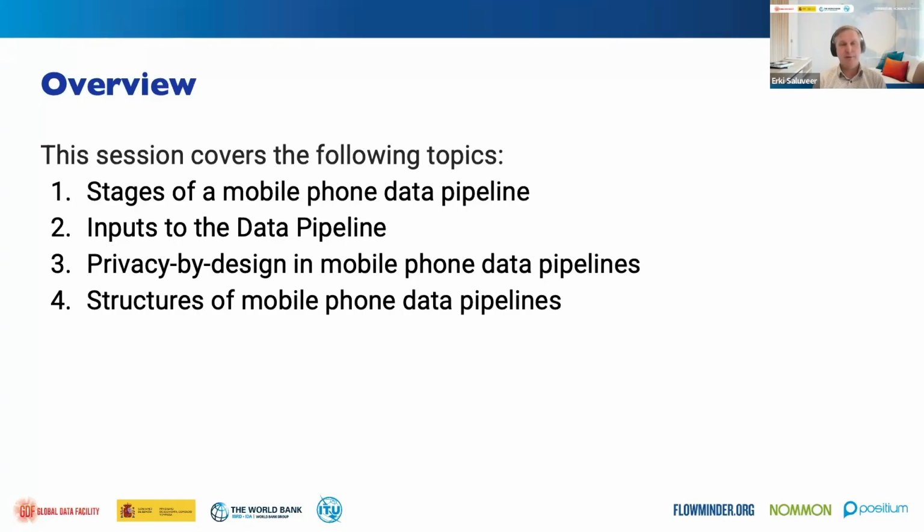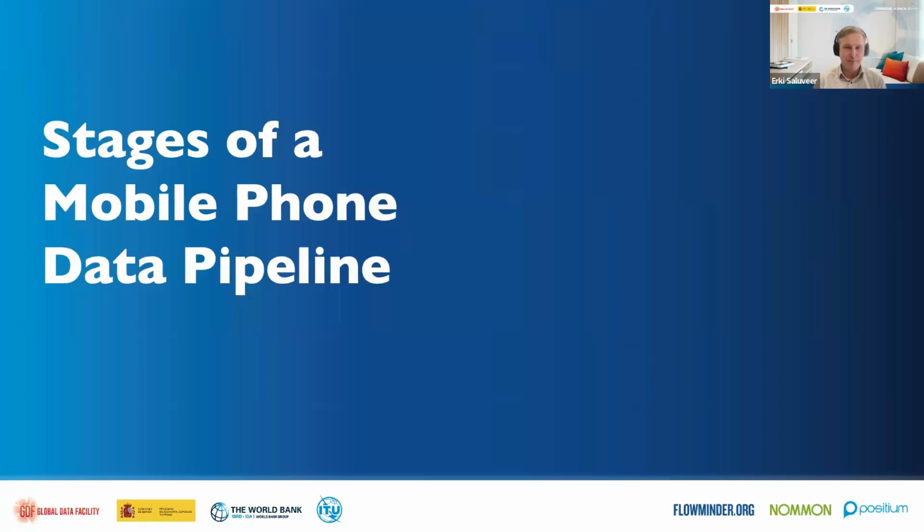We will briefly go over the privacy by design aspects of the data pipeline and how to distinguish between them. And finally, we will talk about the data models, the structures, so how the mobile data pipelines are built up based on where the processing is happening. So without holding us back, let's start.